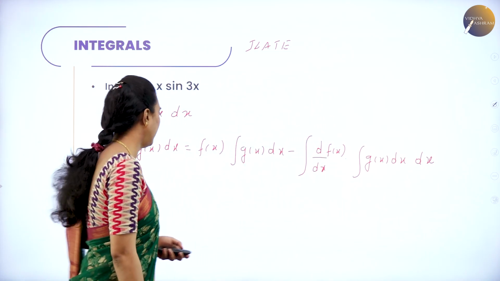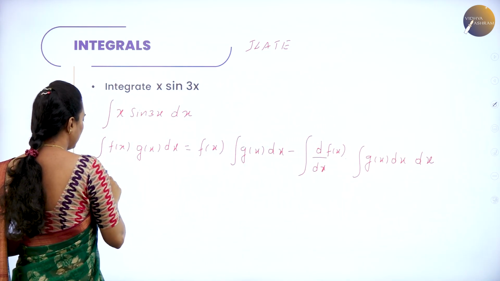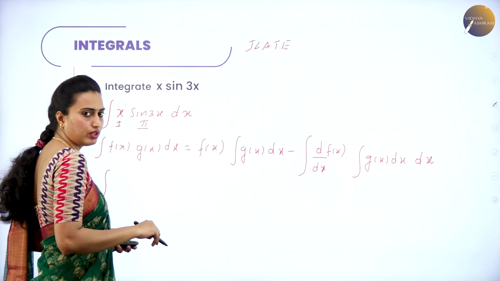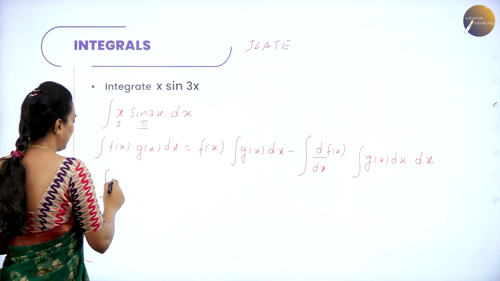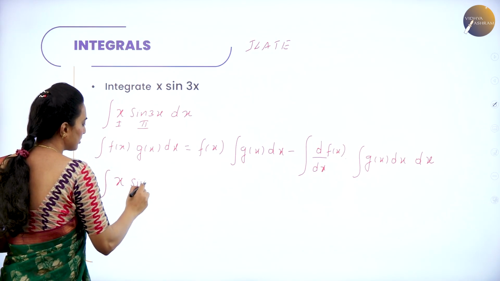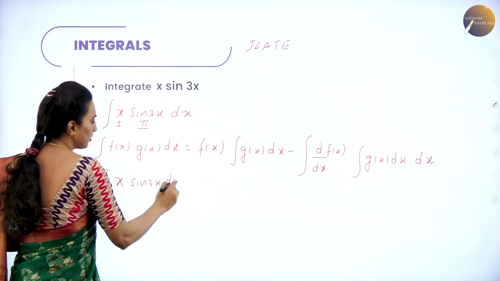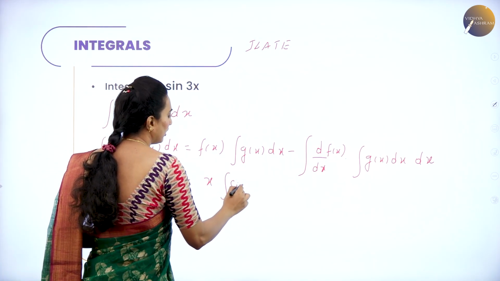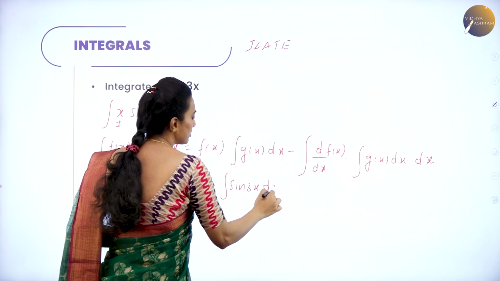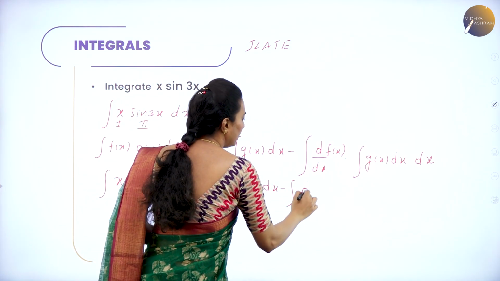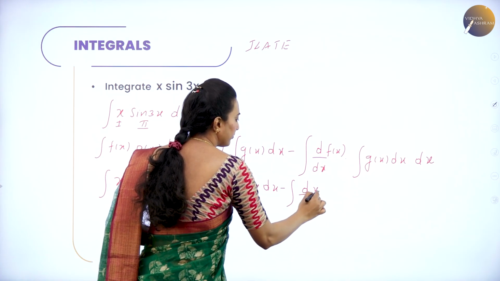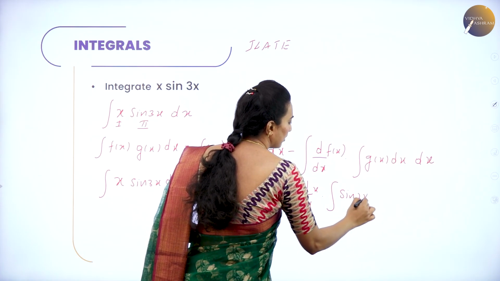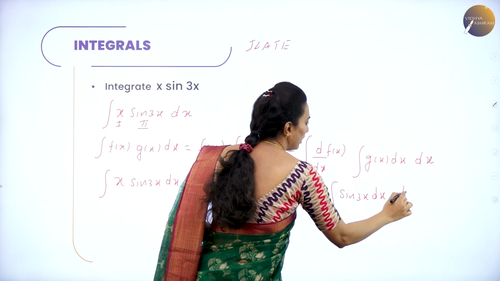Now here, see, let me take first function as x and second function as sine 3x. Algebraic, trigonometric. So x into sine 3x into dx, which implies x into integral of sine 3x into dx minus integral of d by dx of x into integral of g of x, which is sine 3x into dx, into dx.